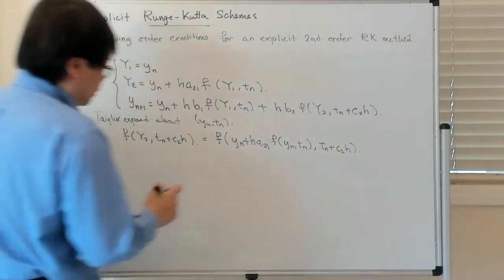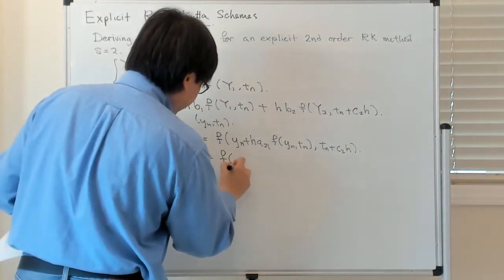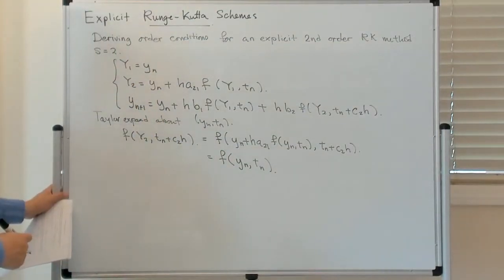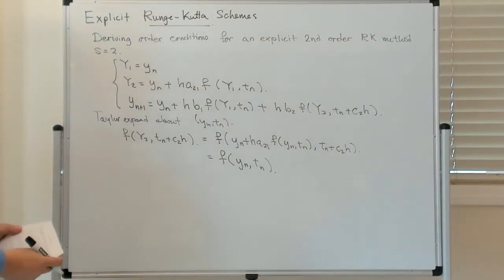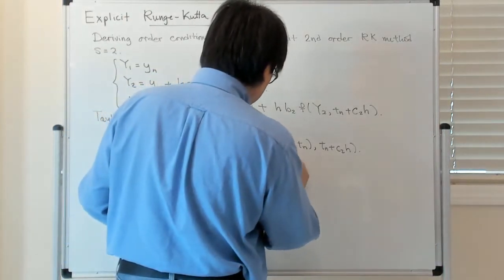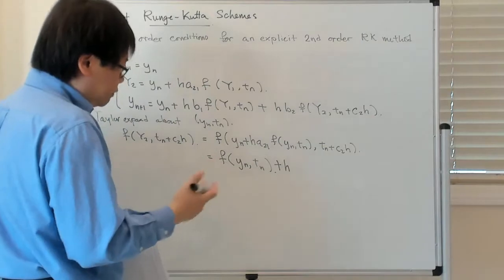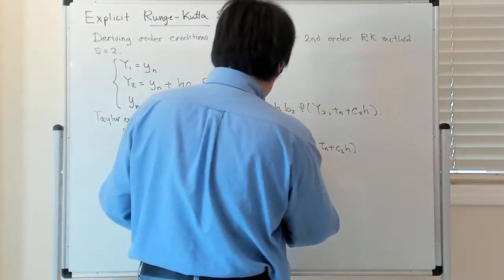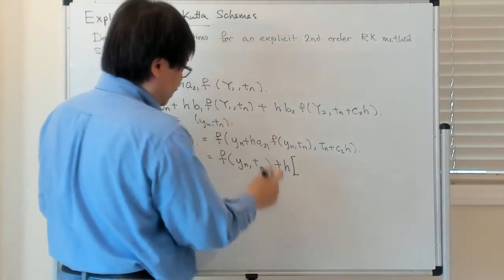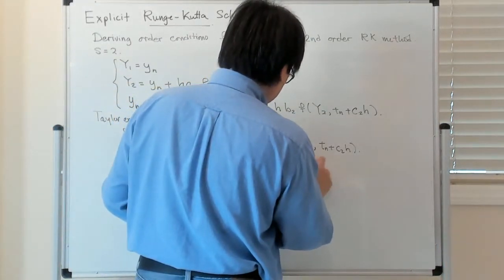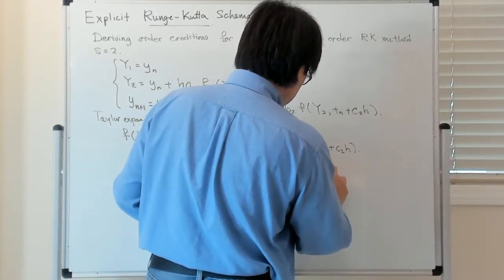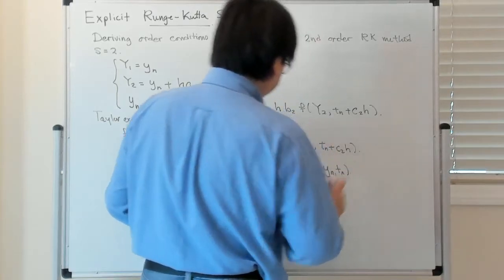So this is equal to f at yn, tn as the leading order, the zeroth order term in the Taylor expansion, and then the next higher order, which involves a first power of h, is the one which involves the partial derivative of f with respect to y. So there's a df/dy evaluated at, again, yn, tn.